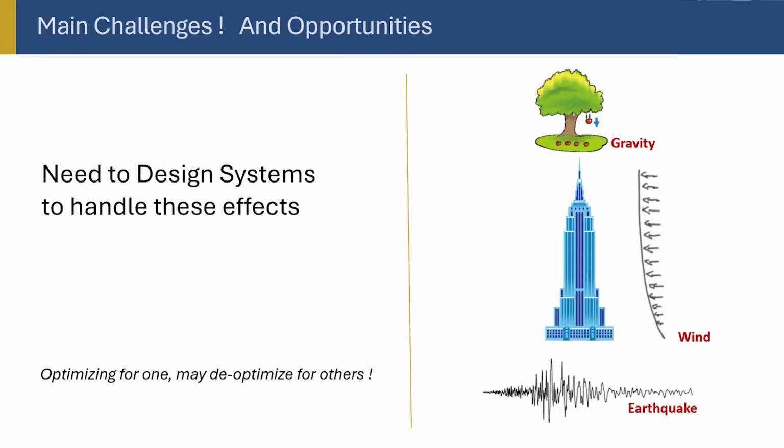Especially earthquake and wind are completely opposite to each other. Although they are lateral, their effect is opposite, their design is opposite, their behavior is opposite, their concept is opposite. So traditionally, we can combine earthquake and wind in a load combination. It's not going to work because they are so different from each other. I mean, we still do that, but we have to understand before we go to that level.